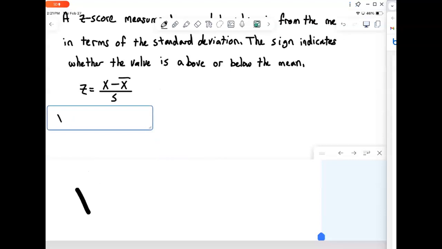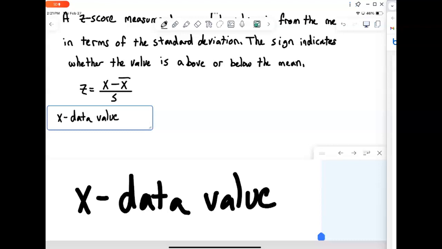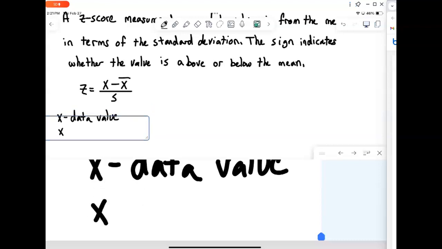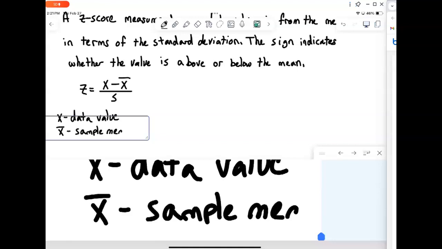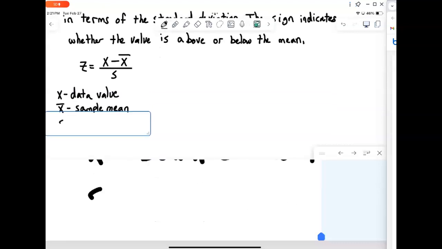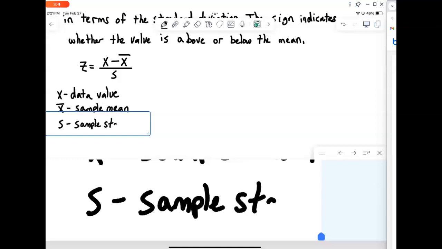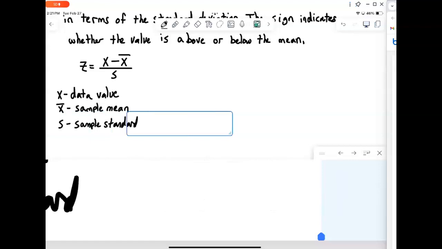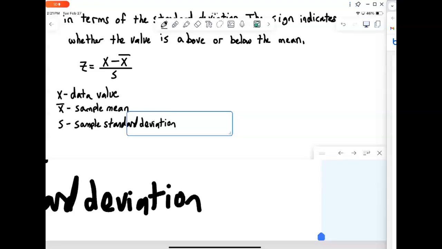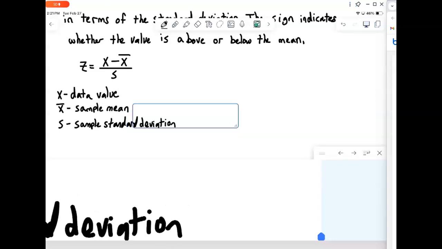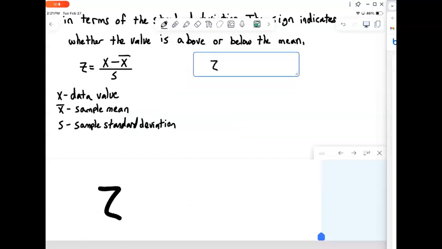In this formula, x is your data value, x bar is what's called the sample mean, and little s is called the sample standard deviation.